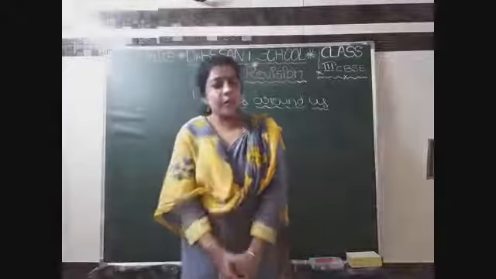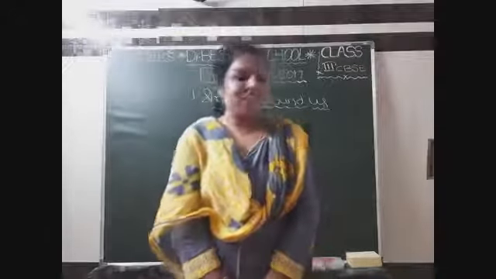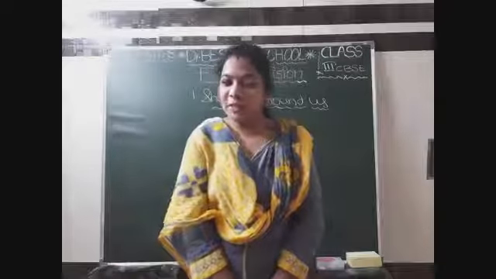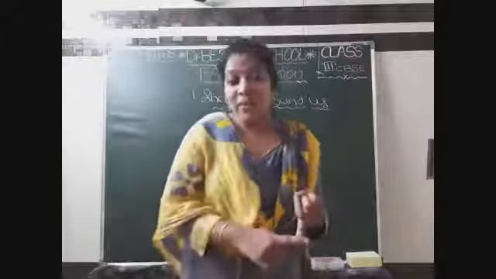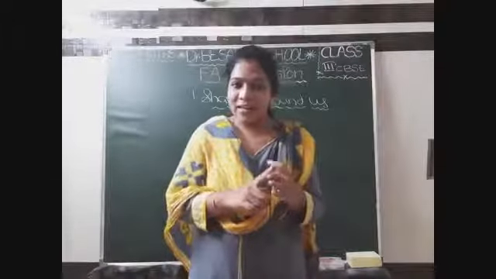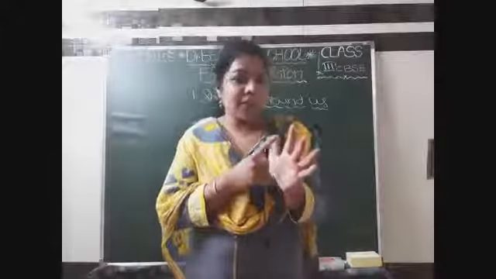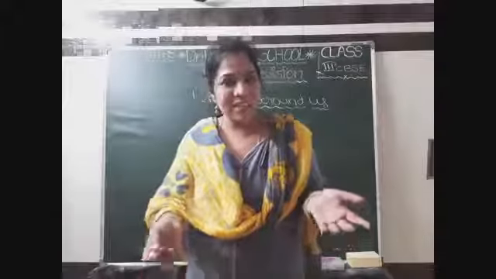What is your first chapter name? Yes, Shapes Around Us is the first chapter name. Do you know all the shapes? What are the shapes, children? Yes, we know about the square, rectangle, triangle, circle. Somebody is saying cube, cuboid, cone, cylinder, sphere.